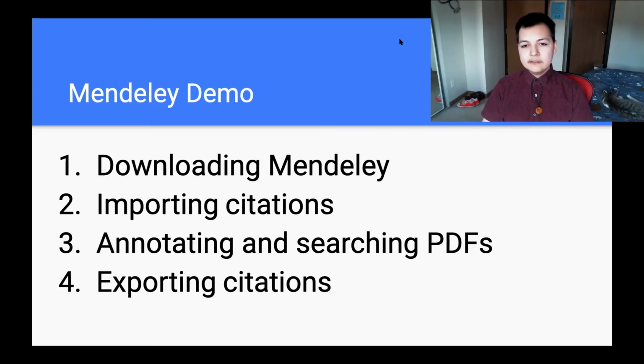Then some basics of what the downloaded version looks like. We won't be showing the web version because it is exactly the same, but you'll see the general setup, how to annotate and search your PDFs, and then finally some simple exporting of citations, both in terms of your whole citations to put them somewhere else, as well as how to use that within Word.